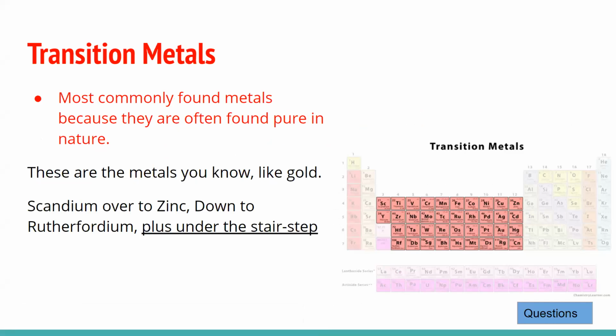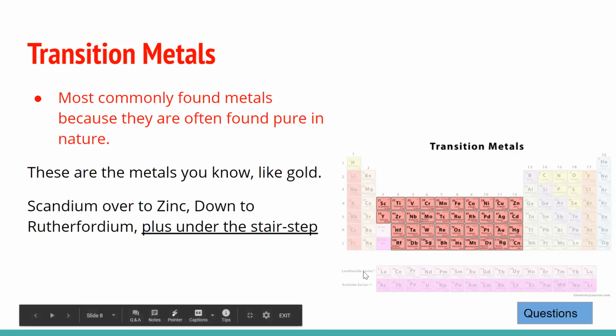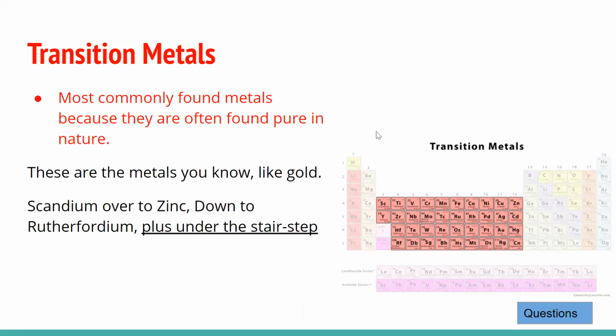Now, the metals you guys know, these are the transition metals from scandium to zinc down to copernicium, hard to say, and then ruthenium. This actually also includes technically the lanthanides and the actinides. We're not gonna harp on those for a whole bunch, but these are the metals you know.